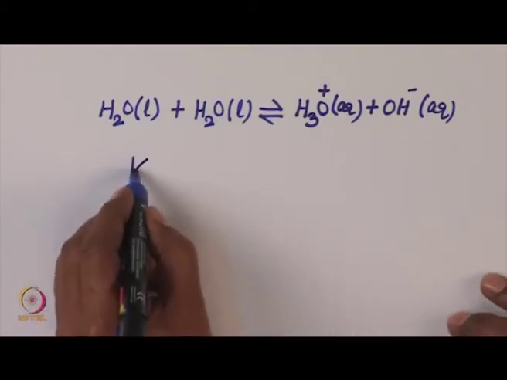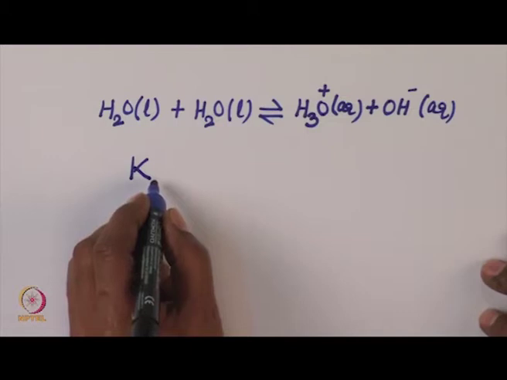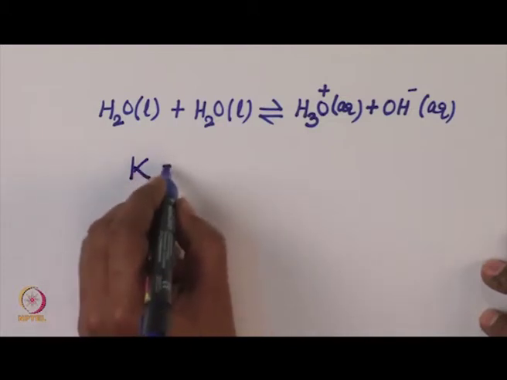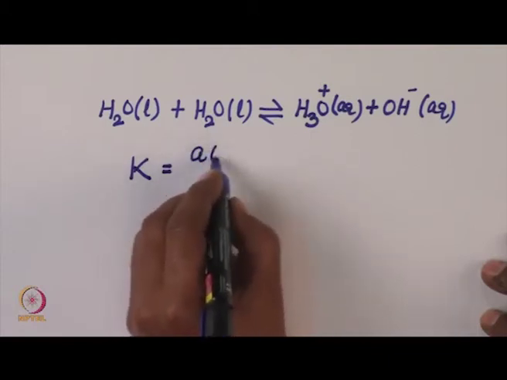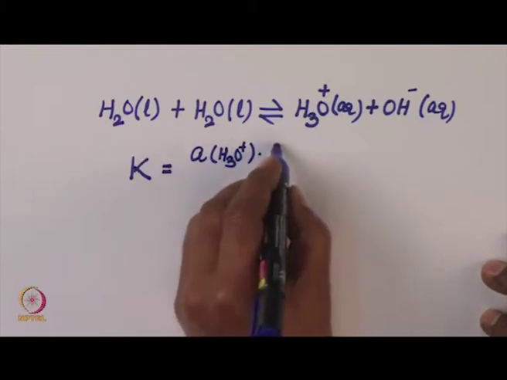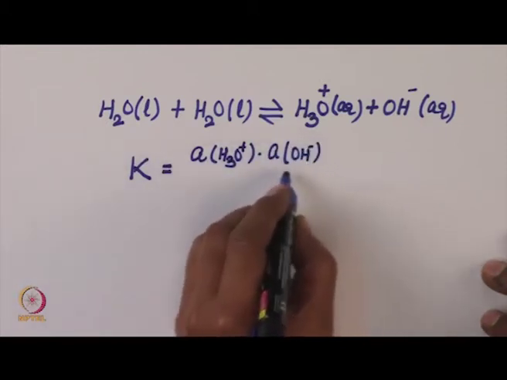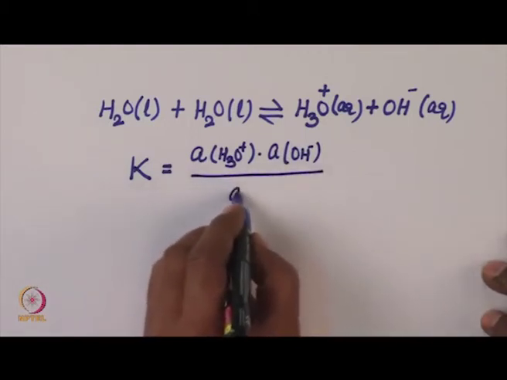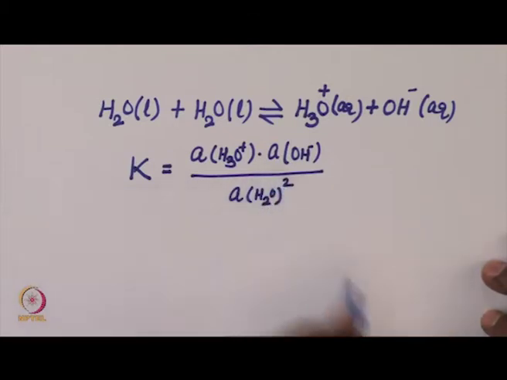And the autoprotolysis constant, if I write K for this, it will be the activity of H3O+ into the activity of OH- over the activity of water squared.